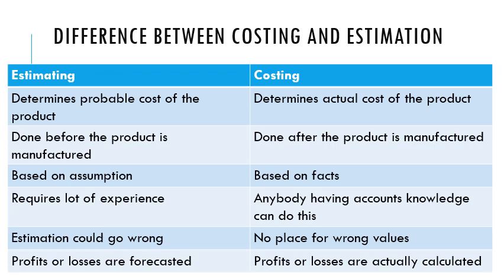Estimation may go wrong, whereas costing is more accurate, and chances of getting a wrong value is very less when I do the costing. Profits and losses are forecasted in estimating, while they are actually calculated during costing procedure. So this is the basic difference between estimating and costing.